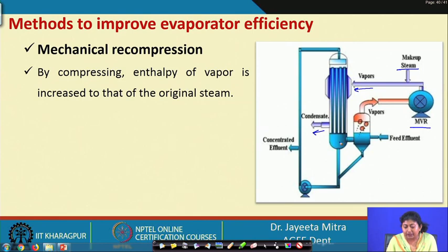So, here we are getting a higher efficiency with a single effect only, but by the application of vapor recompression. The enthalpy of the vapor is increased to that of the original steam.